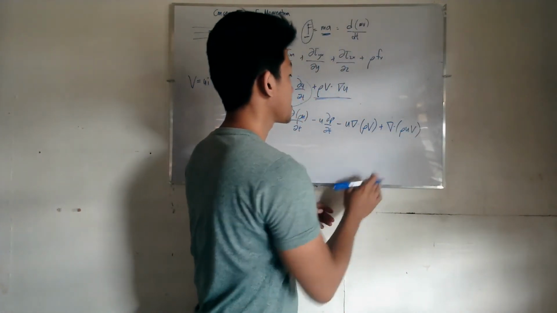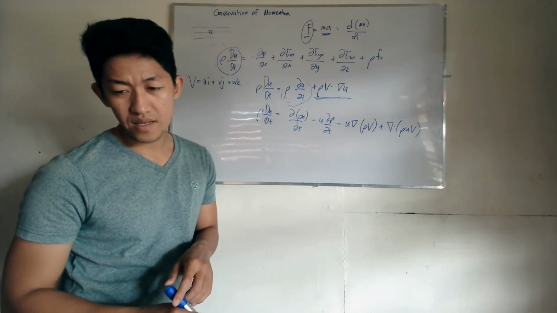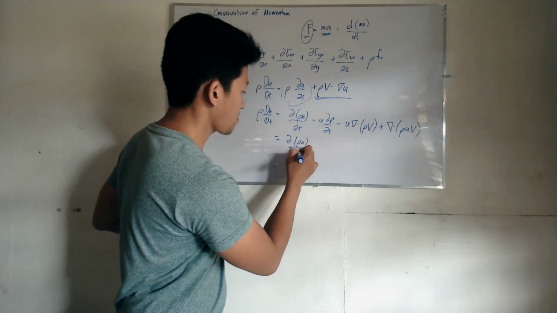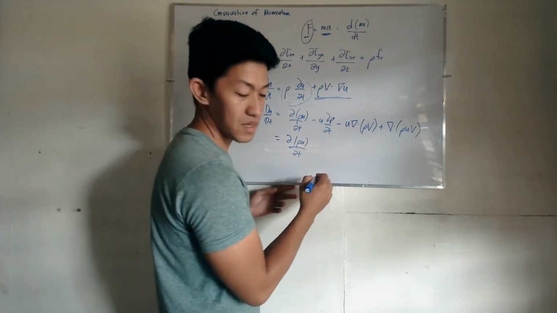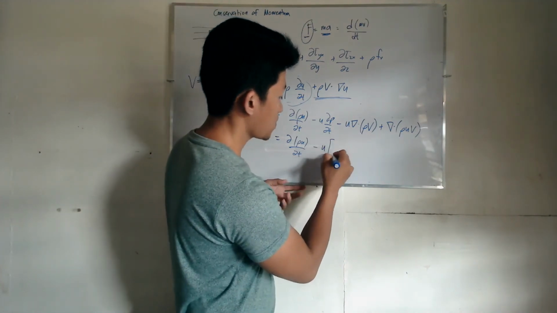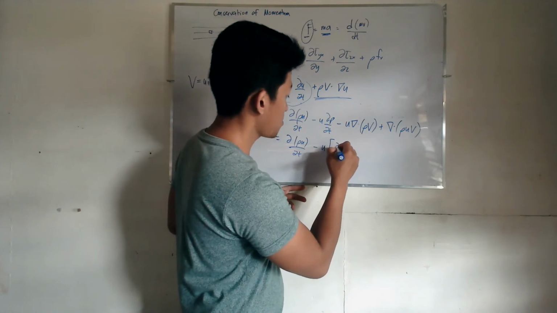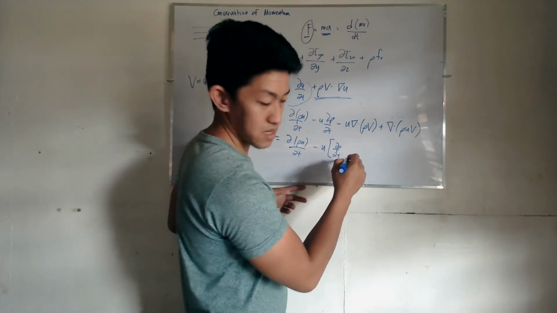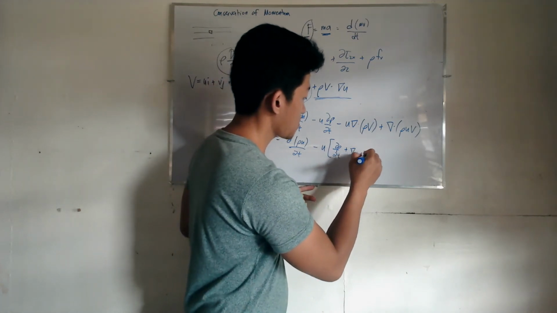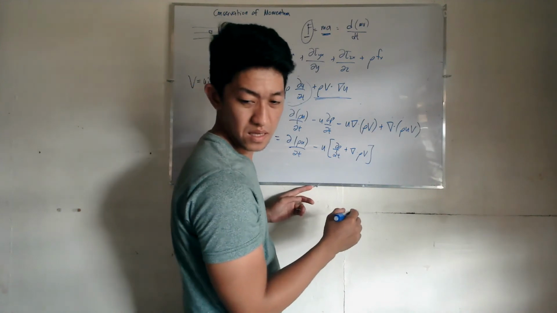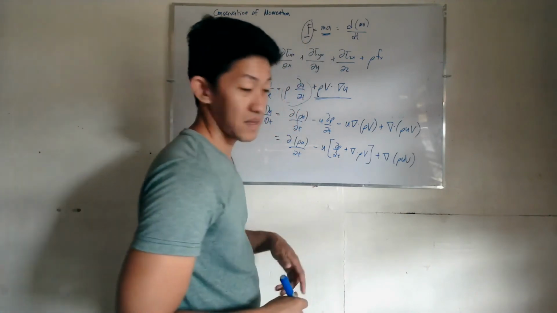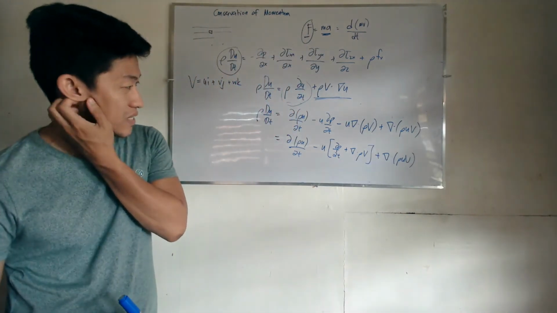Okay. So, collect this: minus u partial of rho partial of t plus del dot rho b plus del dot rho u b. Okay?